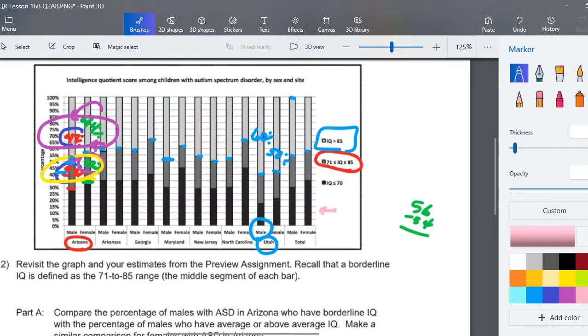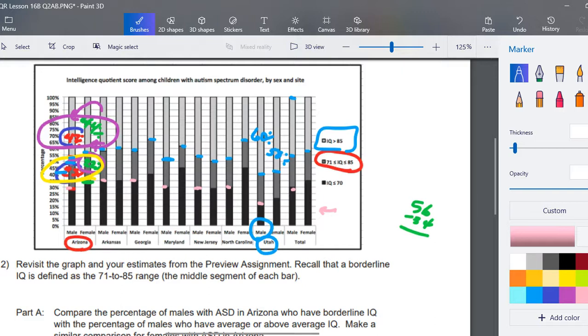So the tallest bar for males, I'm looking at every other, hopefully my eyes are jumping nicely here. So looking at every other for the largest on the males. The highest, and it's just the bottom segment and then the lowest percentage. So where are we? The highest.